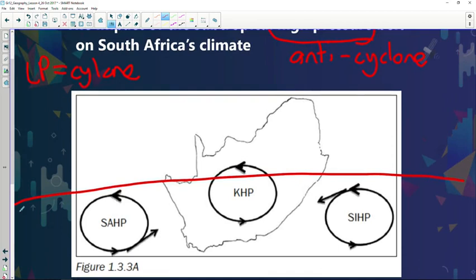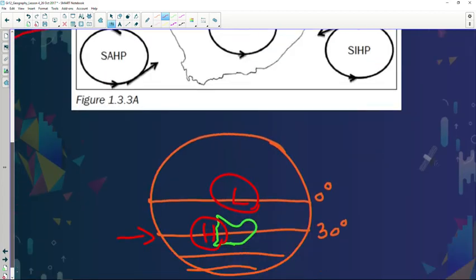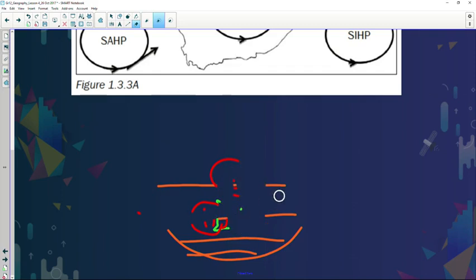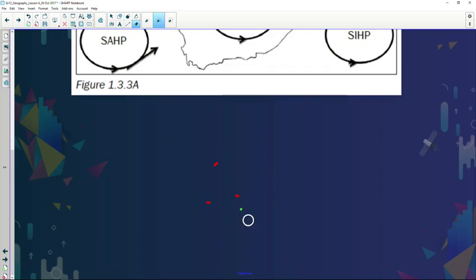And the three anticyclones that we experience are the South Atlantic high pressure, the Kalahari high pressure system, and the South Indian high pressure system. Now, before I continue, let's just quickly look at high pressure systems. Now, a high pressure system is sinking air. That's the first thing that we need to remember.